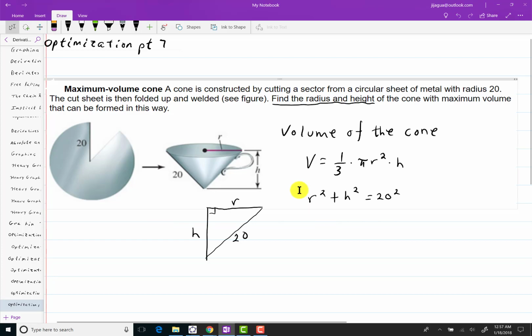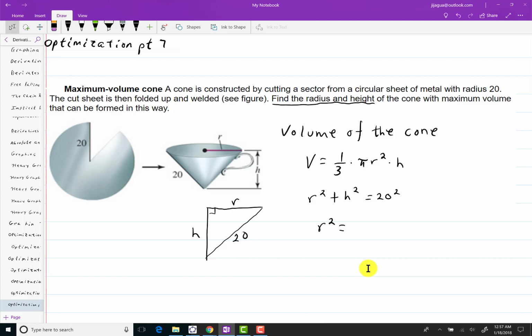I think the easiest thing to do is, since I have an r squared in the volume, I can solve for r squared here and make the r go away without having to worry about roots or anything like that. So r squared equals 20 squared, which is 400, minus h squared.